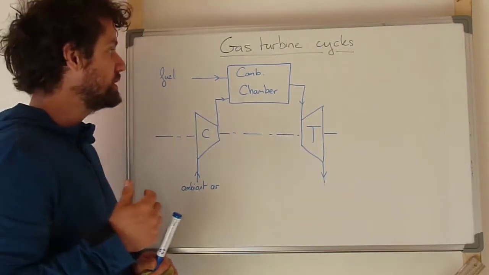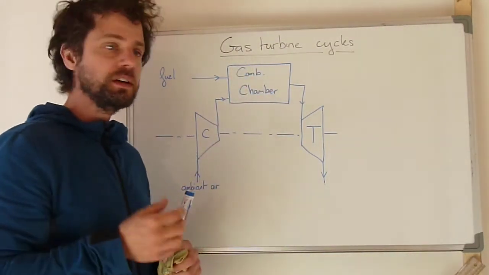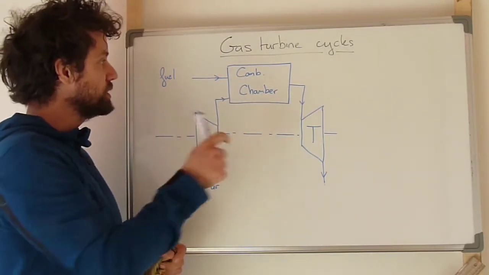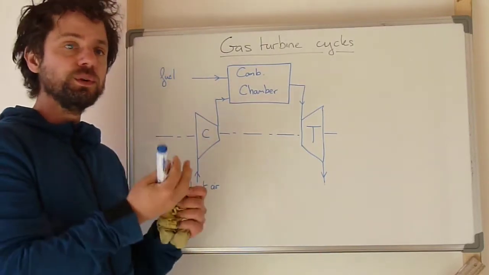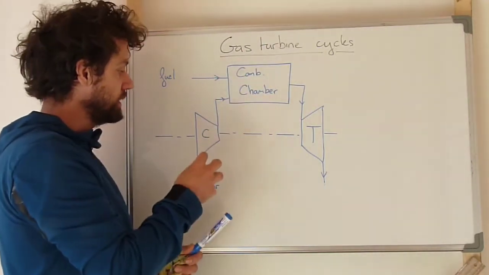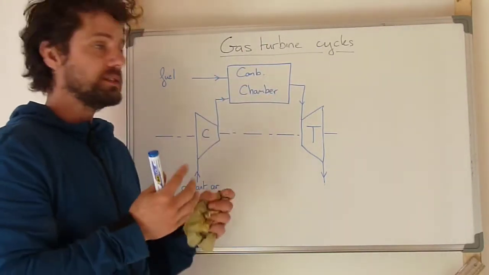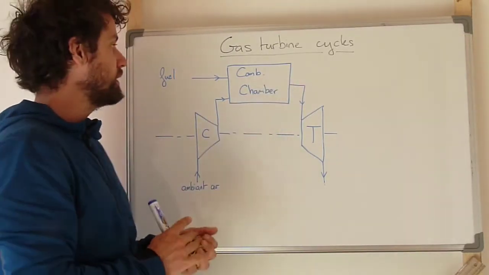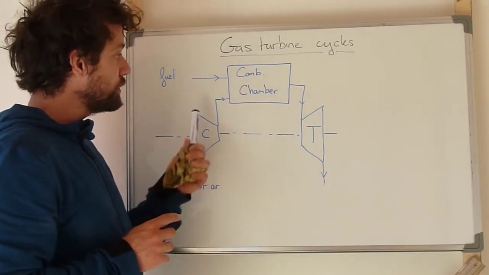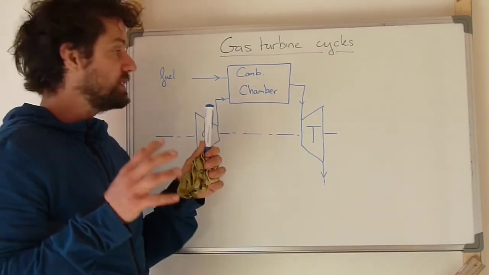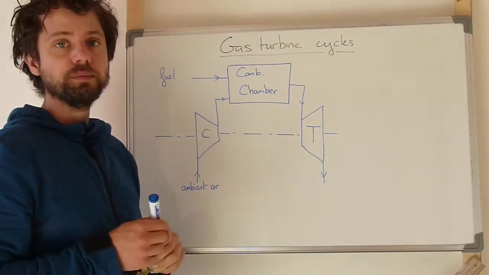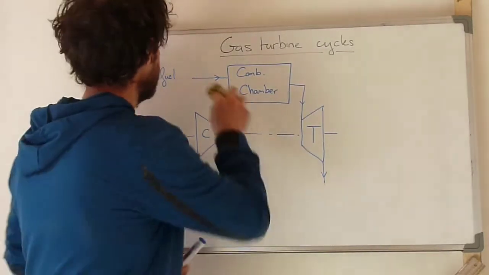Until now we have been considering what we call internal combustion, so we were injecting fresh air into a combustion chamber, we were adding fuel inside the combustion chamber, then combustion was taking place within the working fluid that was converted into smoke, and this way it was possible to increase the temperature of the flow. The purpose of this device is the temperature increase. So we want to increase the temperature of the flow, and this is possible another way.